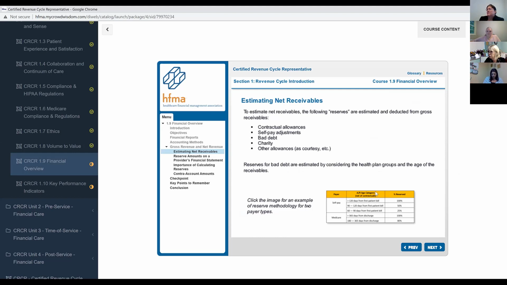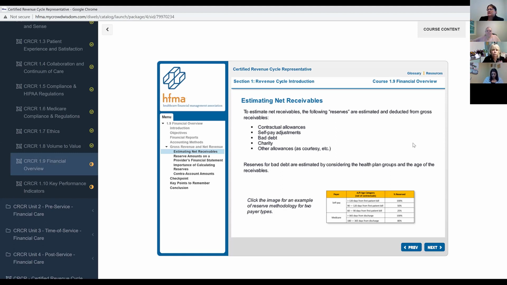And then an example of the methodology for the allowances is here. It's a little table on, I don't know if you clicked into it, Christy, but it's just a bigger version of that. Based on history and based on how your organization operates, you'll create the percentages based on your aging category.